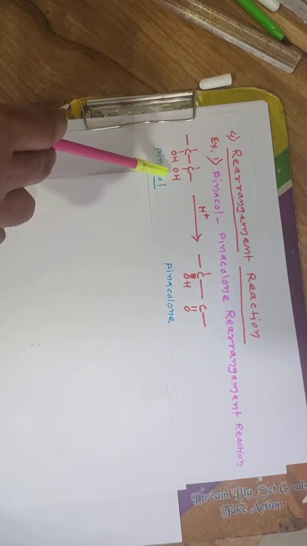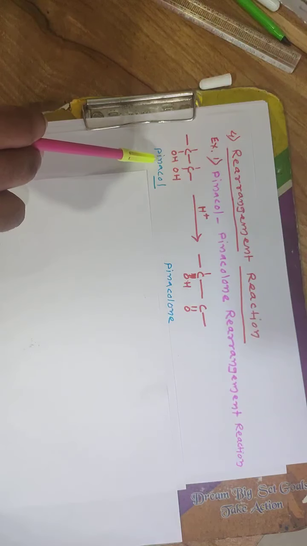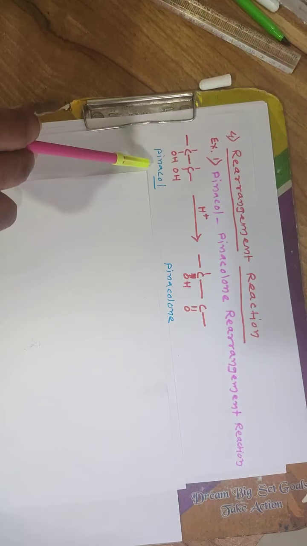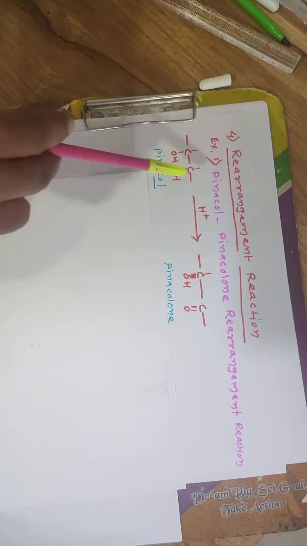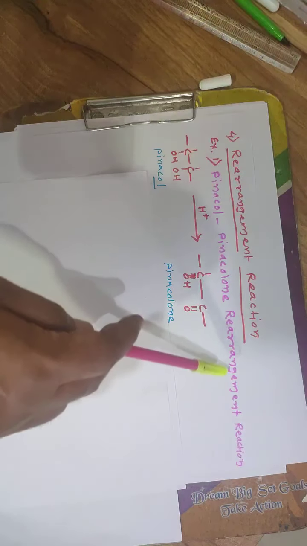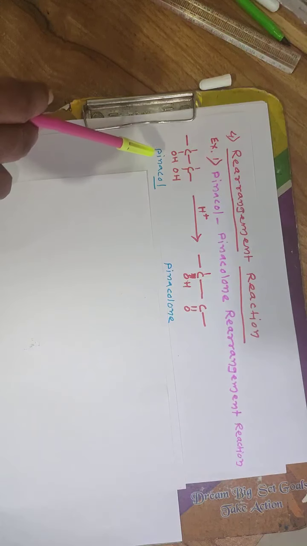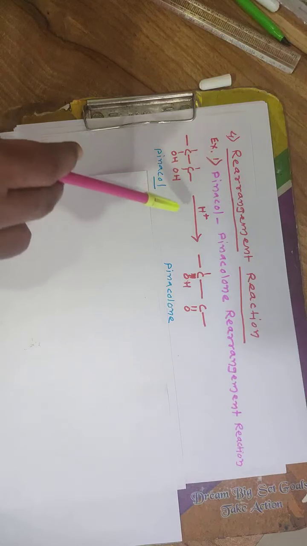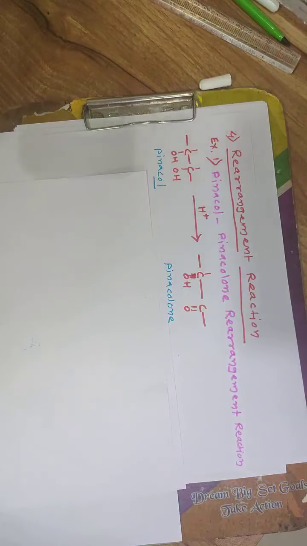So this OH converts into C=O, that is a ketone. So it is a conversion of a pinacol into pinacolone in the presence of acid. So what is the pinacol-pinacolone rearrangement reaction? When 1,2-diol, that is a pinacol, reacts in the presence of acid, there is a formation of pinacolone. So it is called the pinacol-pinacolone rearrangement reaction.